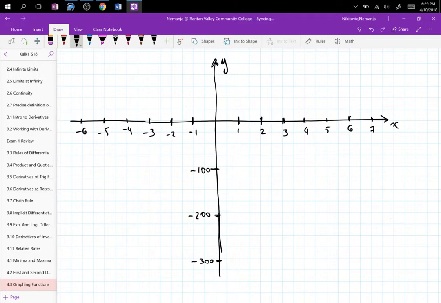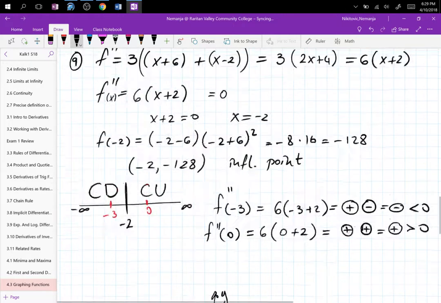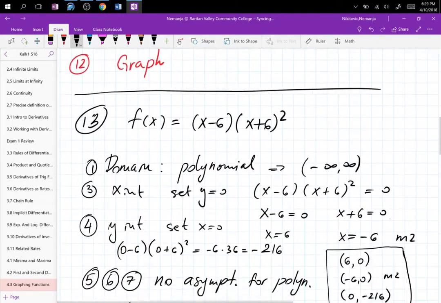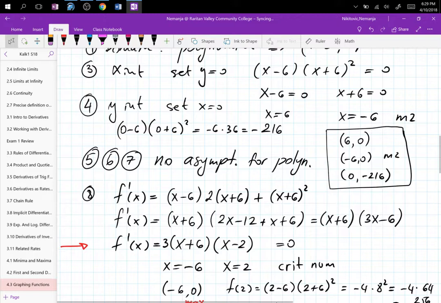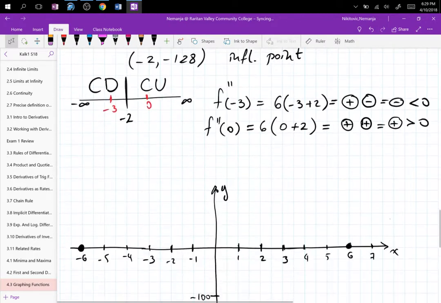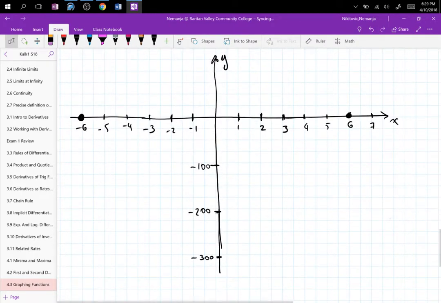What do I have? I have intercept at 6 and -6. I have the y-intercept at -216. Right there. That's -216.